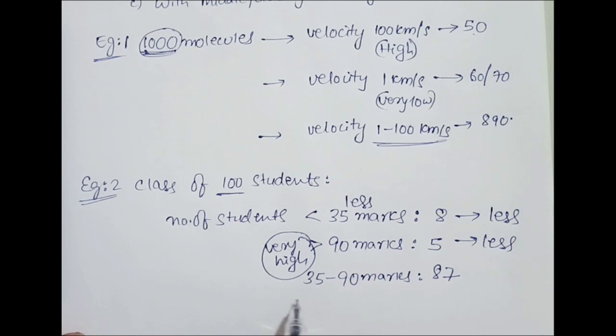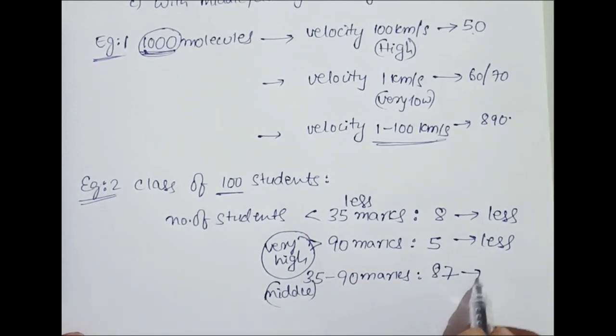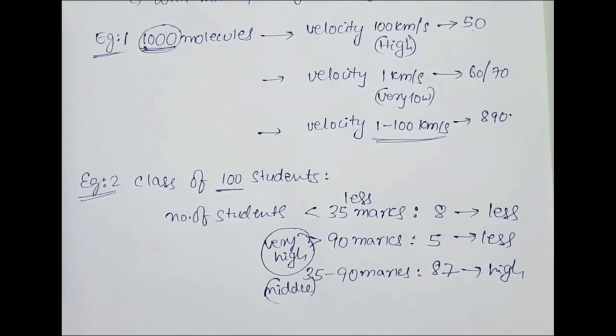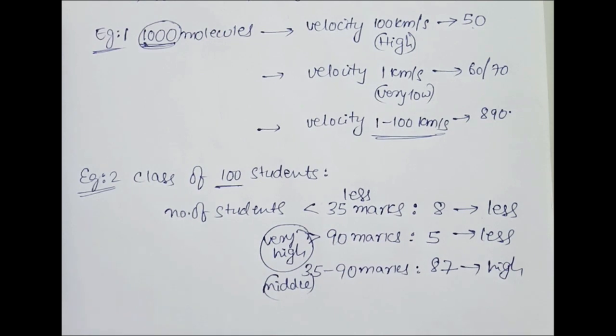But the number of students who have got middle marks, that number is high. Got my point? Similarly, if you take many examples, I'll give you another example. If you take the Indian population, the people with very less income, less than 1,000 rupees per month, we call BPL, below poverty line, there will be very few people.